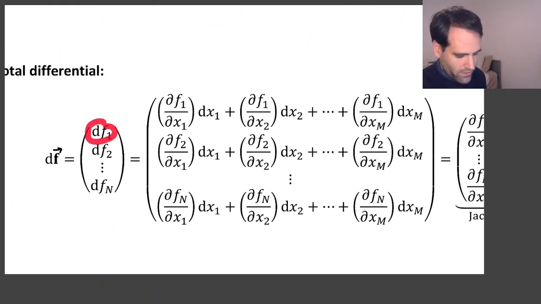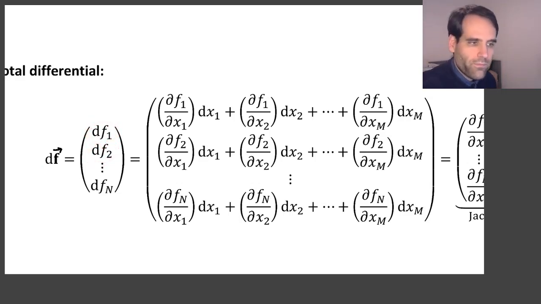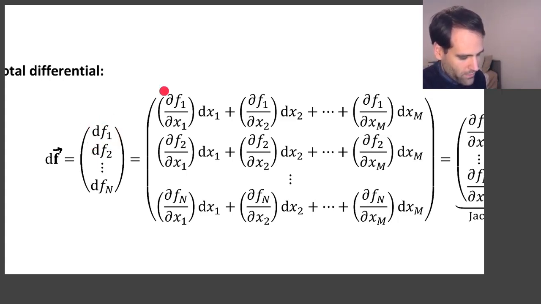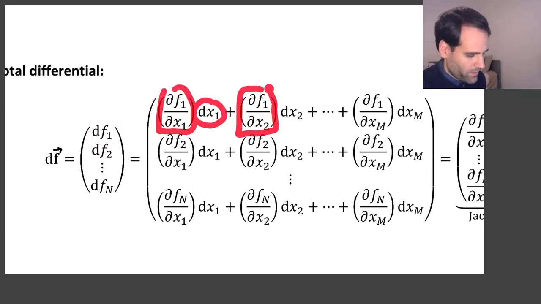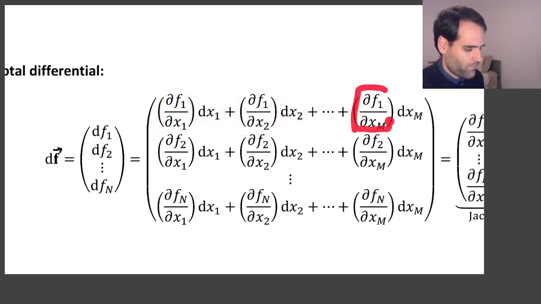So each of the elements of this vector, which is the differential of vector f, is the differential of the different components of f. And you know, when you studied the total differential, that the total differential of f1 is simply partial of f1 with respect to x1 times dx1 plus partial of f1 with respect to x2 times dx2 plus ... until partial of f1 with respect to xm times dxm.